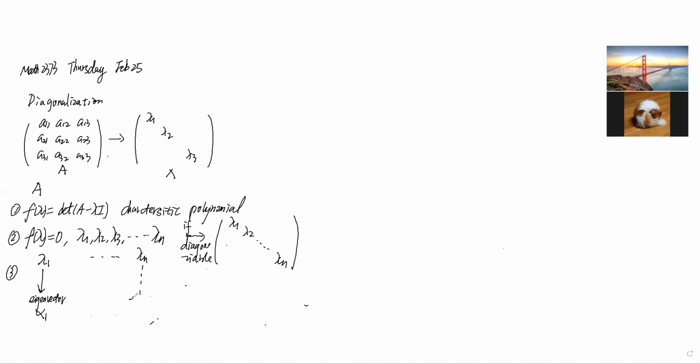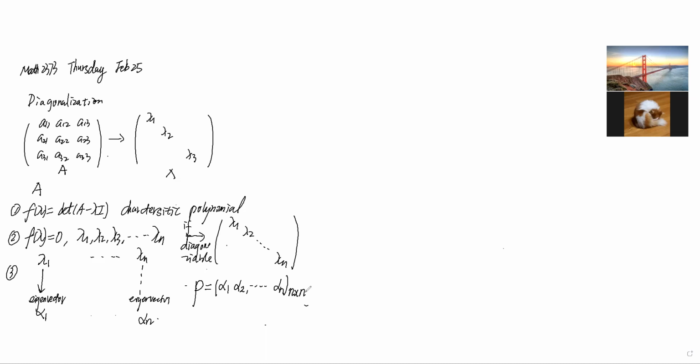You can find the eigenvectors, and then we put the eigenvectors together as a matrix like this. This is alpha 1, this is a column vector, and alpha 2, and alpha n. So we get an n by n matrix.